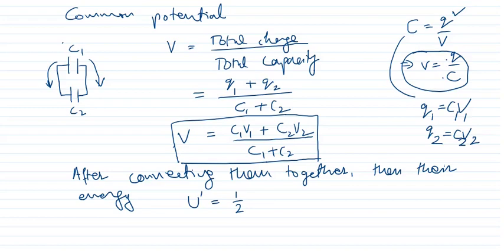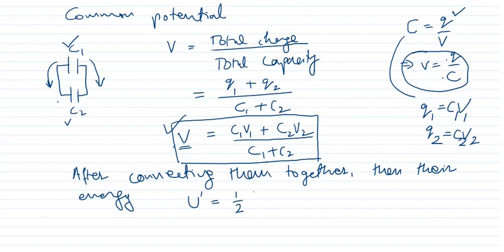Because if the potential of C1 is greater than C2, then the charge will move from C1 to C2, and this movement will remain till the potentials become equal. When the potentials become equal, further movement of the charge will not be there. So this is the common potential. When this common potential is attained, further movement of the charge will not be there.